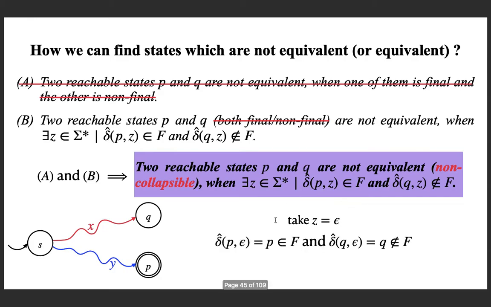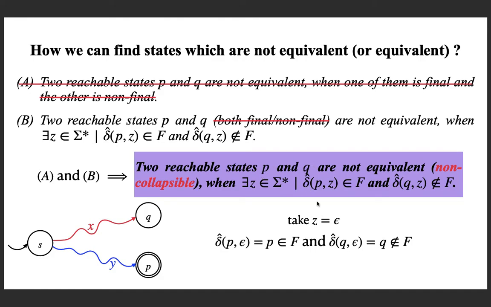That means the path from P for the string epsilon is P itself. From P, if you are not processing any symbol, you are in P itself. It is a final state. And the path for epsilon from Q, the same string epsilon, ends in Q itself, which is a non-final state.